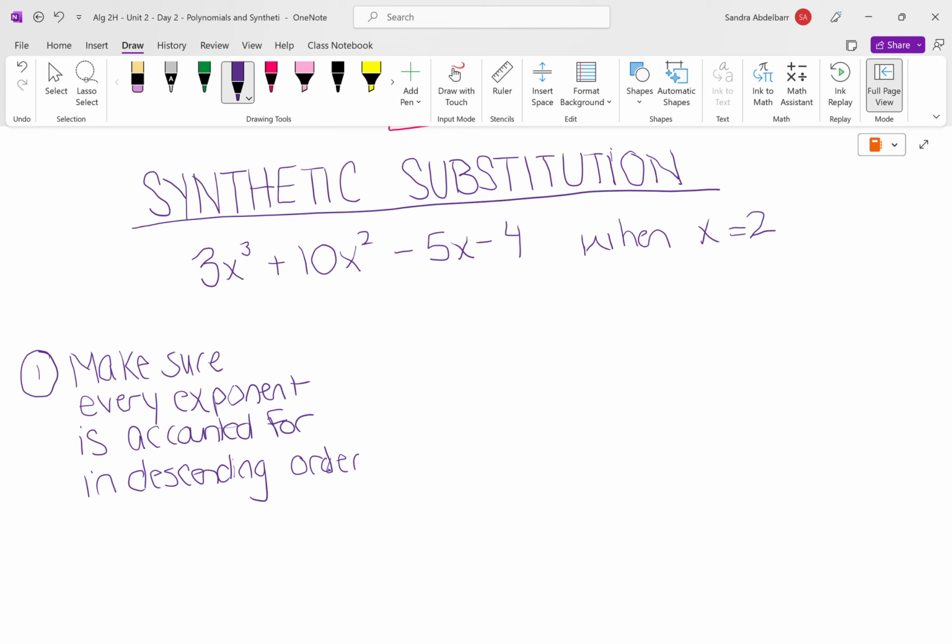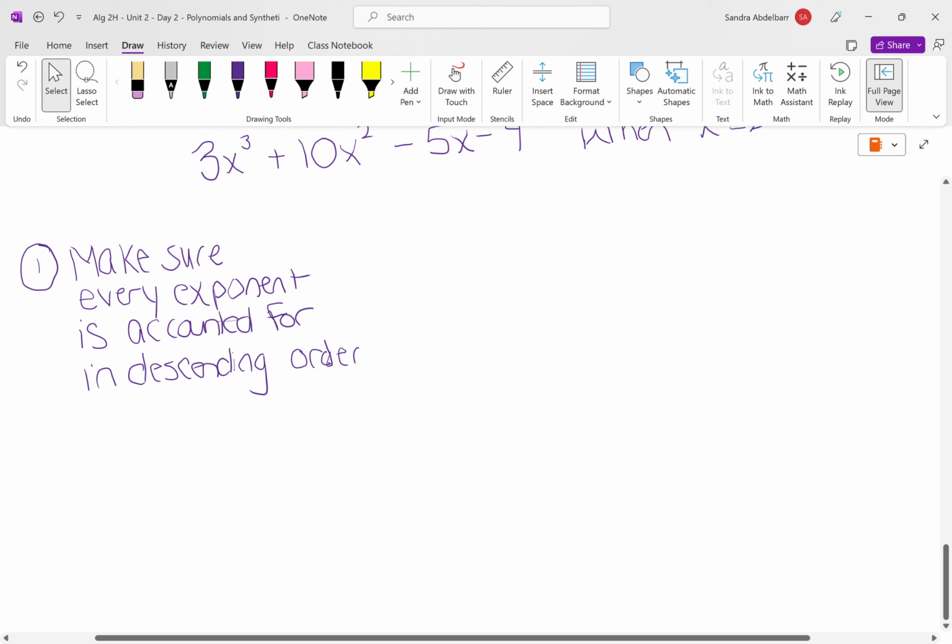My biggest exponent is 3, so in this polynomial I need an exponent of 3, an exponent of 2, an exponent of 1, and then a constant term if it exists. Let's say there wasn't the 5x, and it was just 3x to the third plus 10x squared minus 4. You would have to put a 0x to represent that placeholder for the exponent of 1. So you want to make sure every exponent is accounted for in descending order.